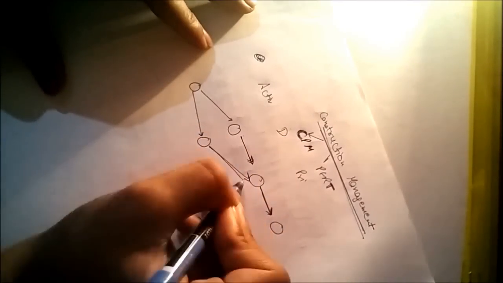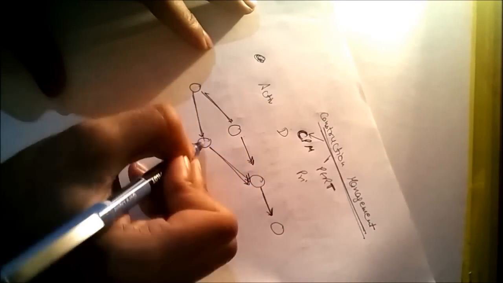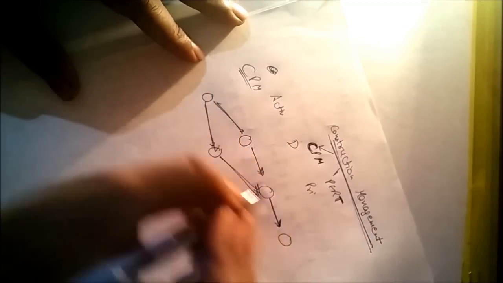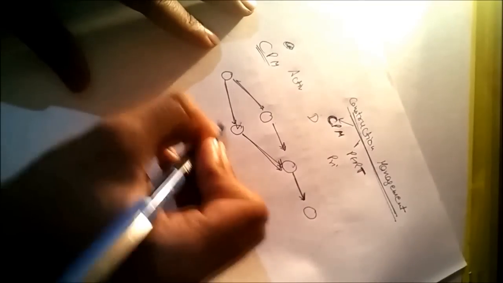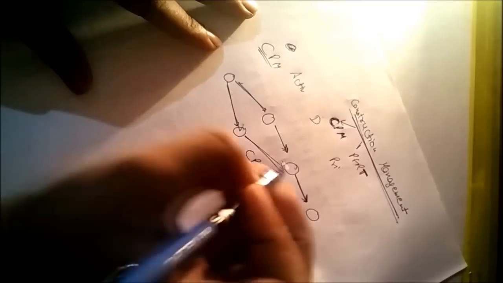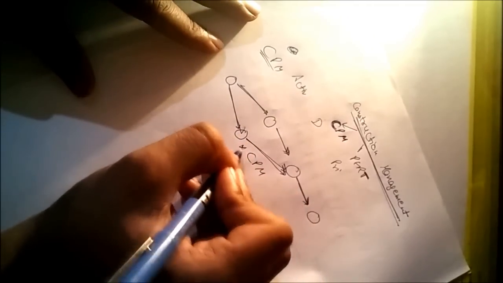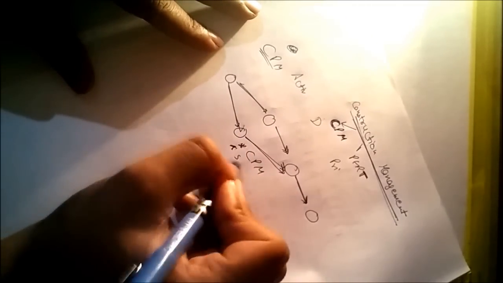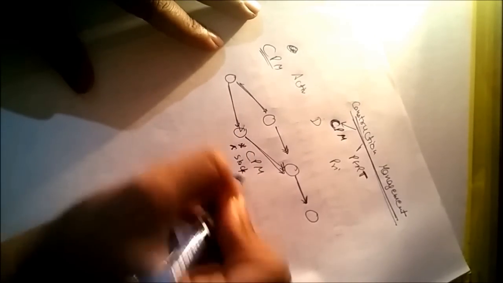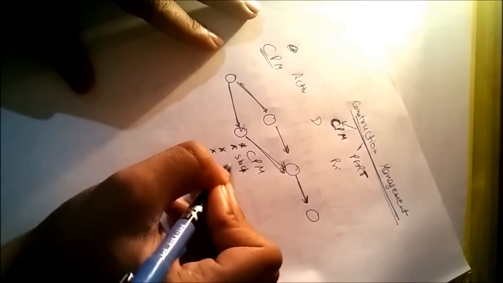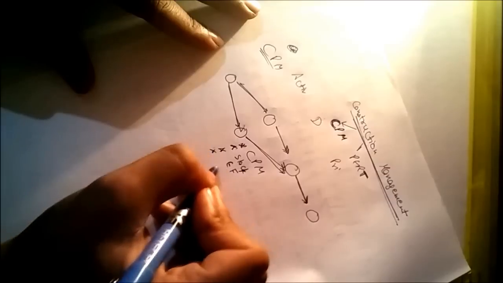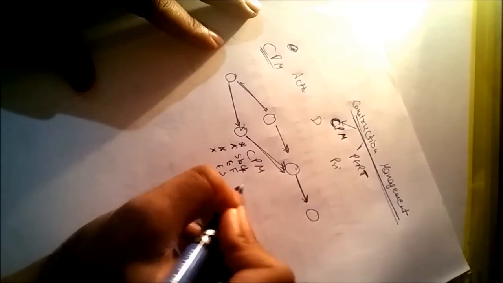We just need to know how to find the critical path method. This is CPM, critical path method. After finding the critical path, the main questions are finding the slack time, early finish, early start, and late finish, late start.